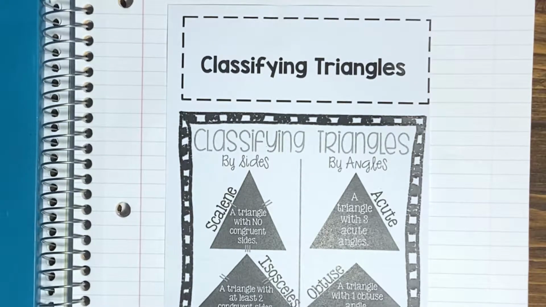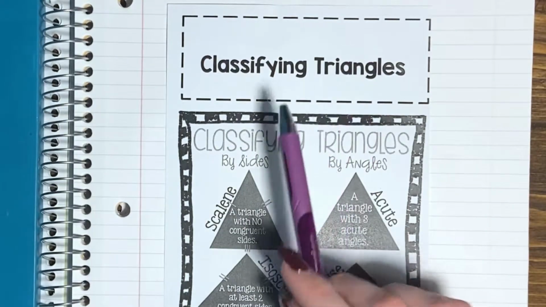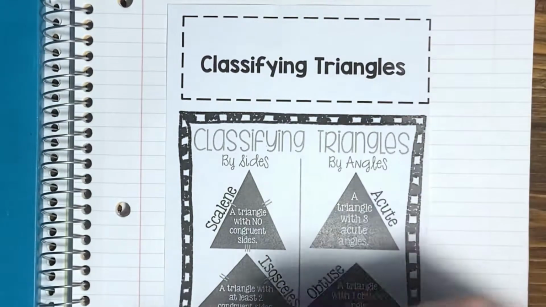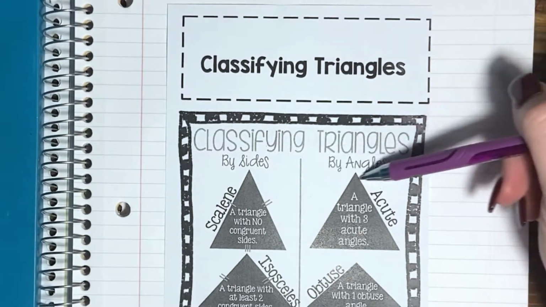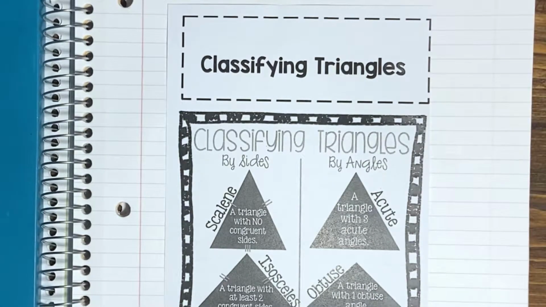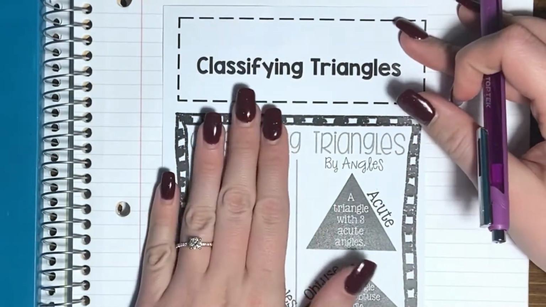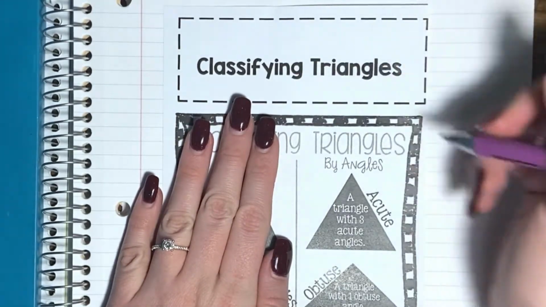So now that we've reviewed the types of angles, we can actually go into classifying triangles, okay? And we have to know the types of angles before we can classify triangles, because a way that we can classify triangles is by telling which types of angles triangles have. So there's another way to classify triangles, and it's by their sides. But let's just focus right now on classifying triangles by their angles.